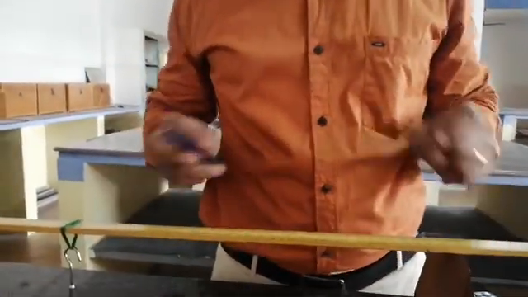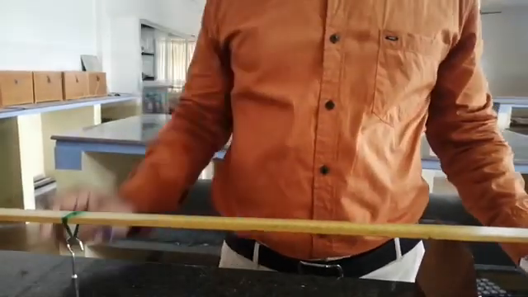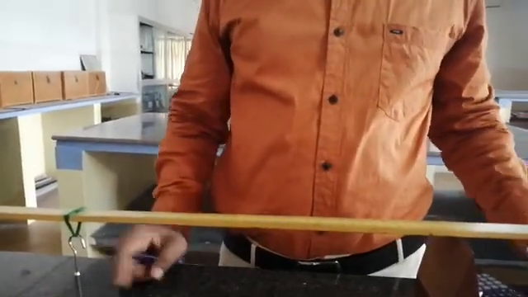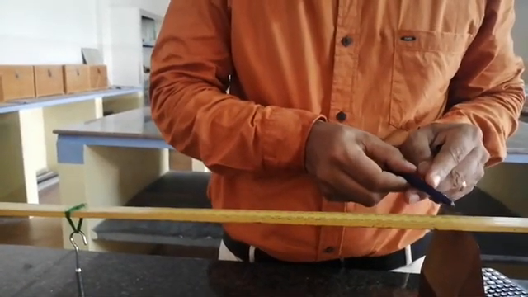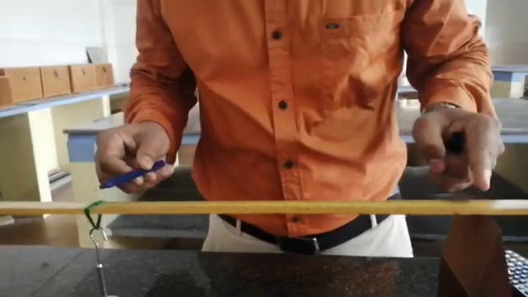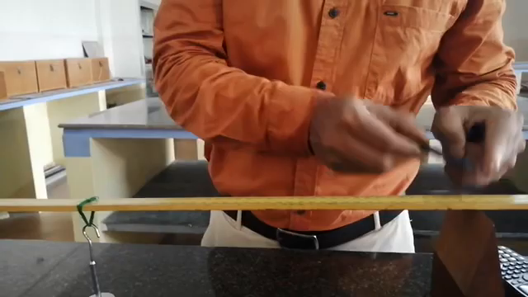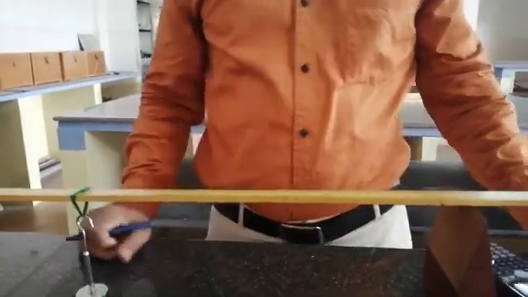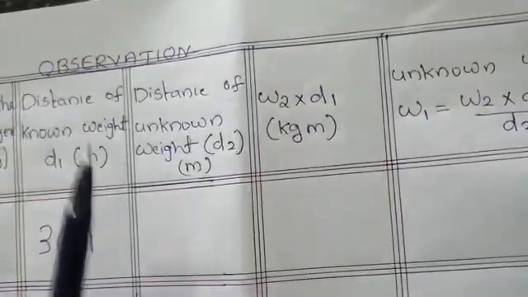Don't make a mistake here, because students doing this experiment in the final board exam make mistakes. They don't know how to measure the distance. Distance means from the point of rotation to this point. So 87.8 minus 51.7 is equal to 36.1. That distance I am writing over here, 36.1.